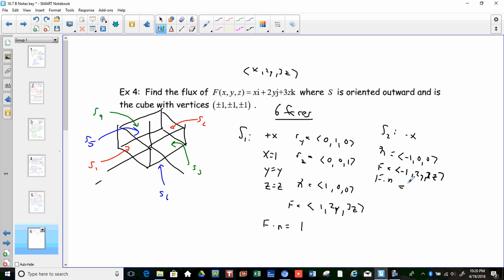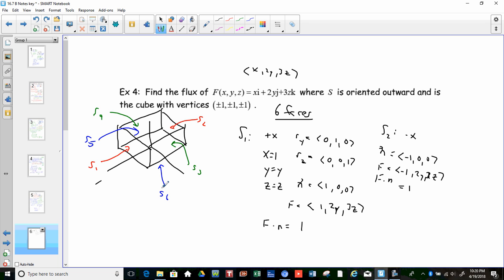And then f dot n is going to be negative 1 times negative 1, so it's still positive 1, plus 0 plus 0, which of course is 1. And that makes sense because that's an outward pushing out of this thing. It's an outward dot product. We want that to be pushing outward.